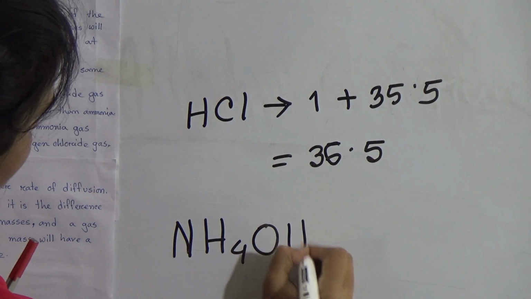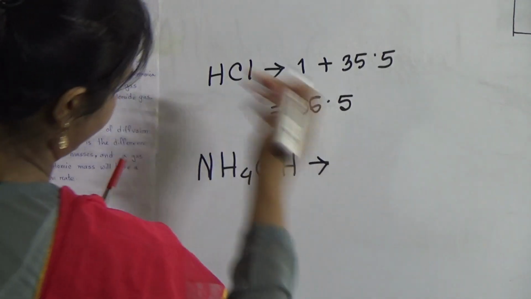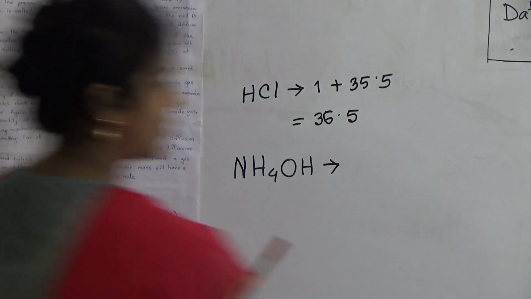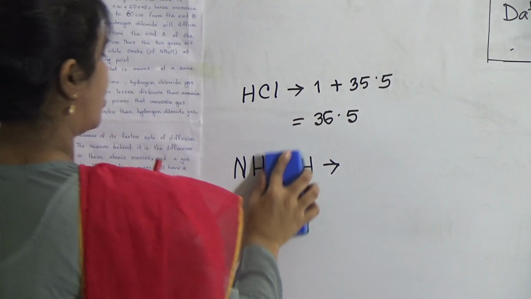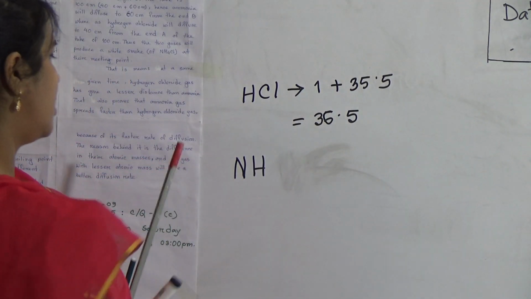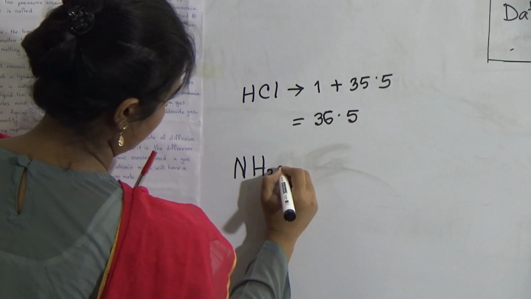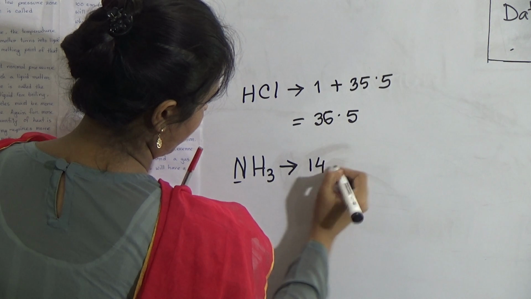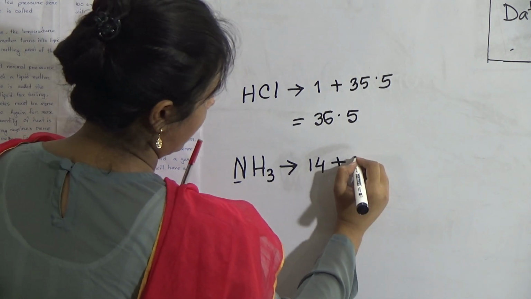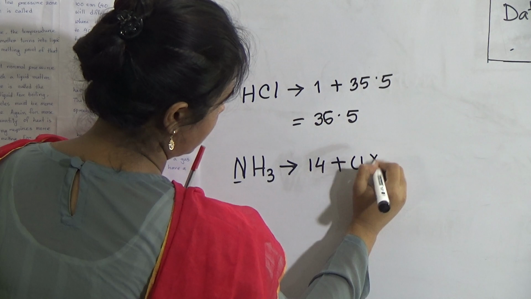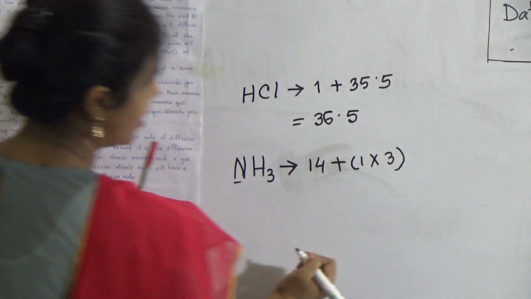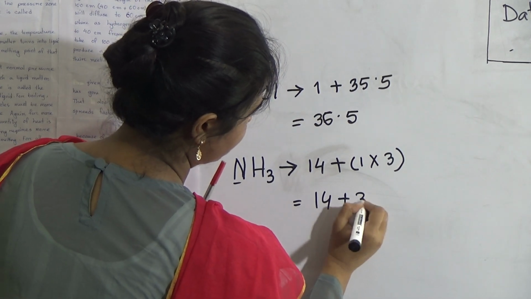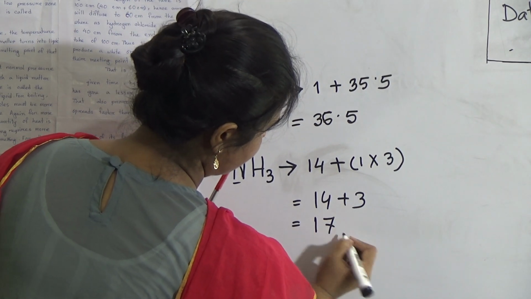On the other hand, the atomic mass of ammonia, sorry students, because this is the diffusion rate of ammonia, we have to count the atomic mass of ammonia. The nitrogen's atomic mass is 14 and the hydrogen atomic mass is 1. There are 3 hydrogen atoms, so it will be 1 into 3, that is 14 plus 3, that is 17.